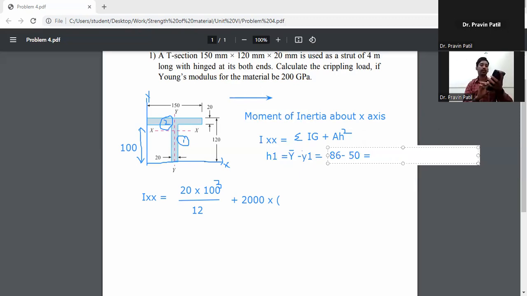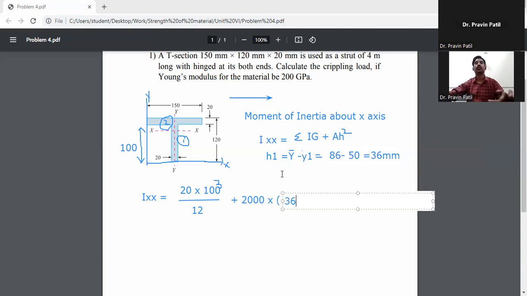So 86 minus 50 will be 36 mm. So h1 is 36, and we take 36 square.